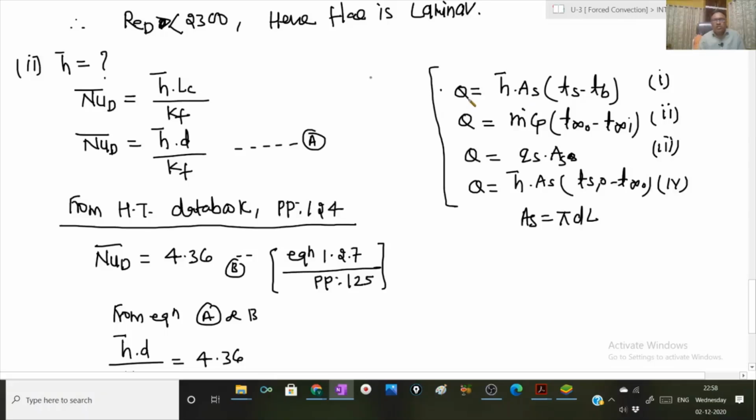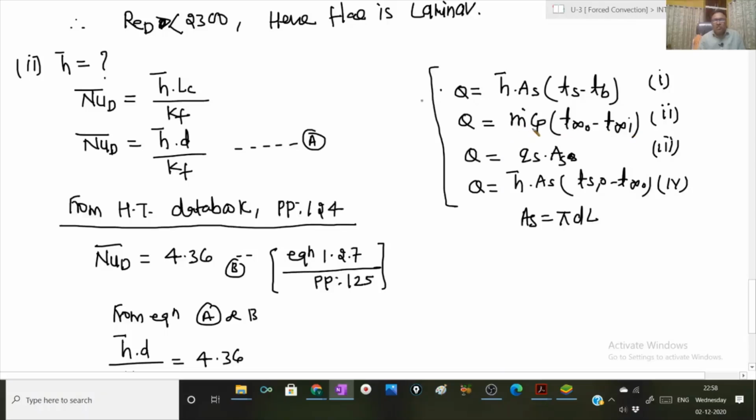So if I use this formula, equation number 1, Q is h bar As (Ts minus Tb), I can't use it because I don't know the value of Ts. Equation number 2, Q is equal to m dot Cp (T infinity o minus T infinity i).